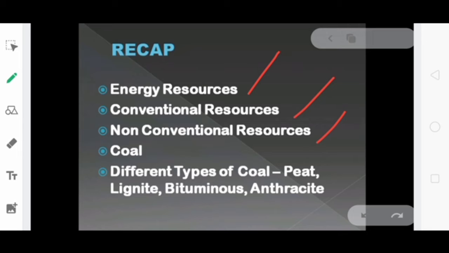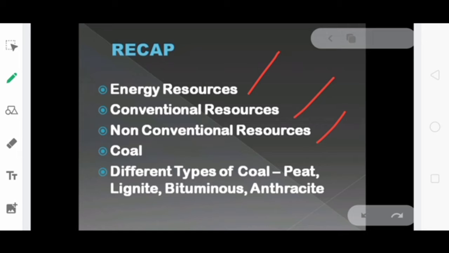Conventional resources consist of firewood, coal, petroleum, natural gas, electricity, both hydel and thermal electricity. Then we have seen the non-conventional sources like solar, wind, tidal, geothermal, biogas and atomic.